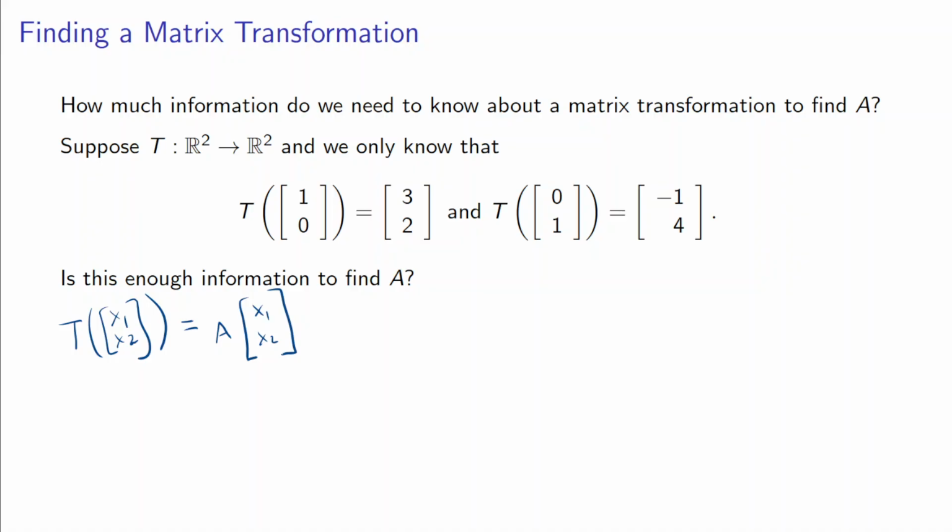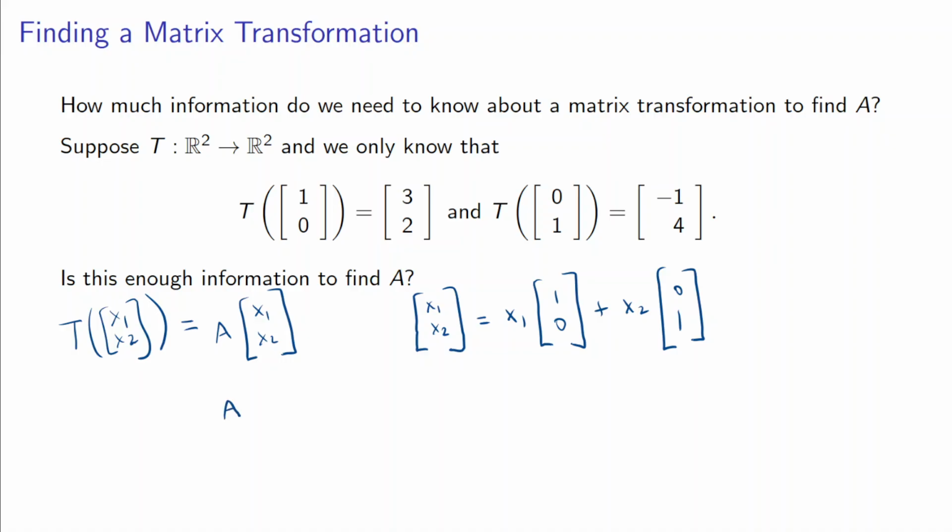One thing we might recognize here is that our vector (x1, x2) can be written as x1 times (1, 0) plus x2 times (0, 1). And so if we're looking for A times (x1, x2), that's the same thing as A times (x1 times (1, 0) plus x2 times (0, 1)).